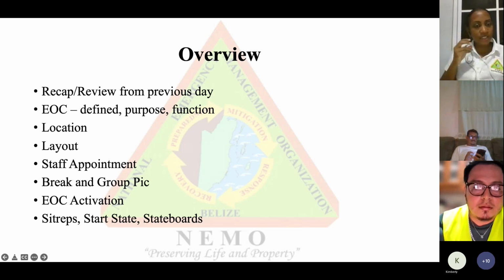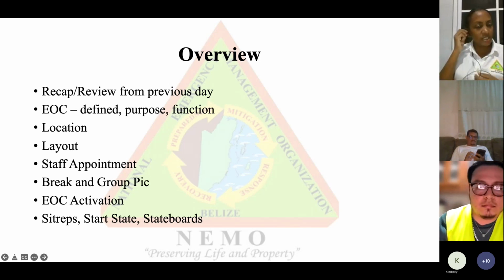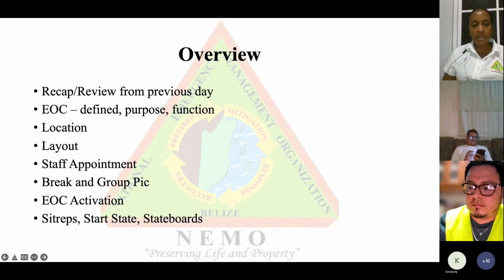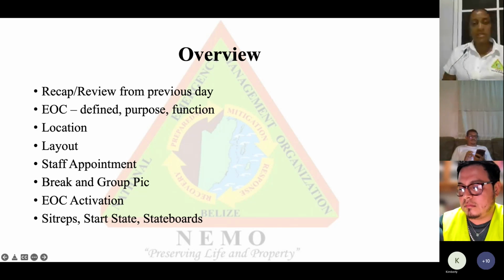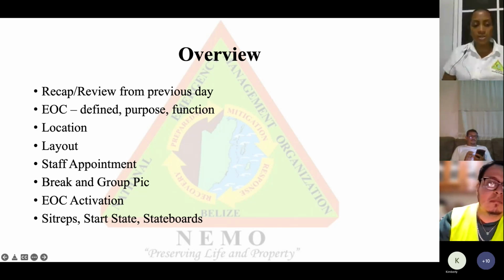So today we'll be defining what EOCs are. We'll be looking at the purpose in terms of emergency management and its function. And then we will look into how EOCs are located, how we go about saying this specific building in this location will be the EOC.